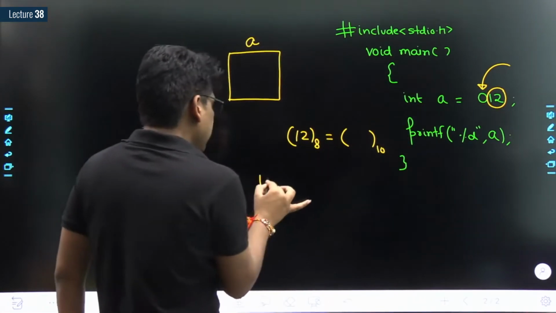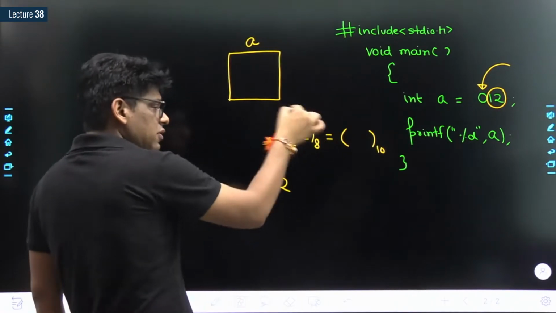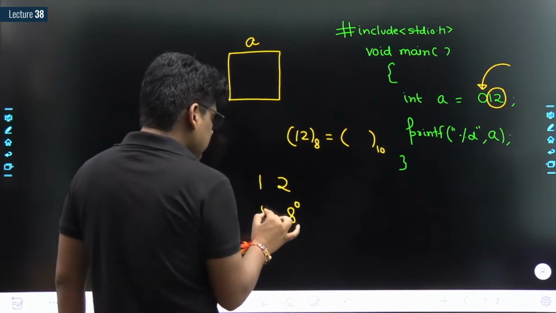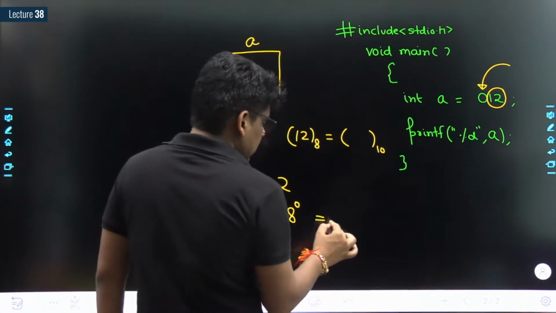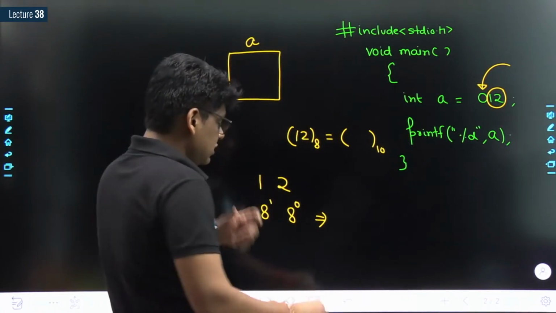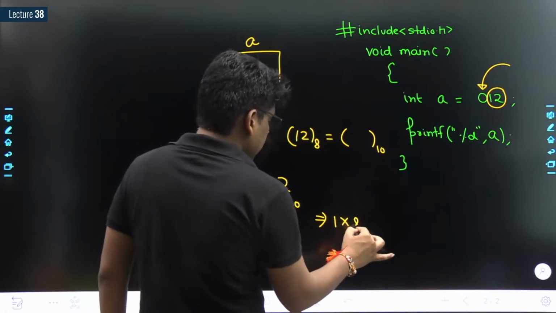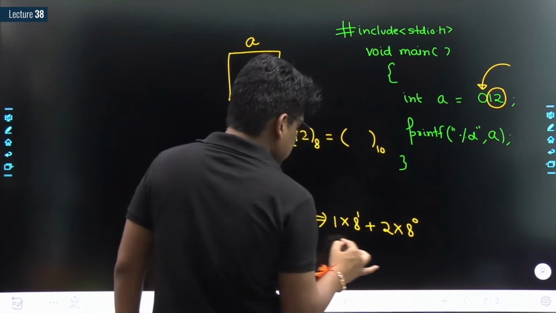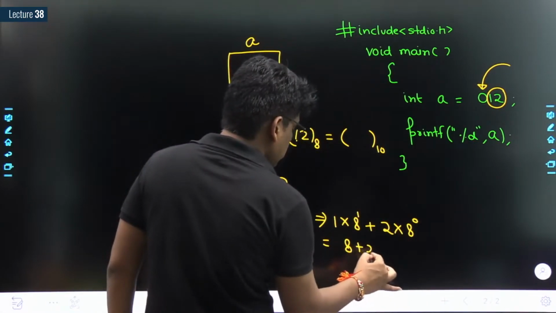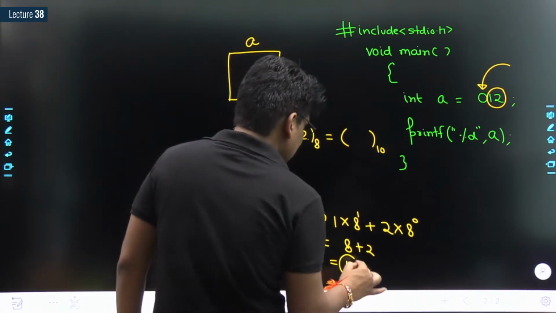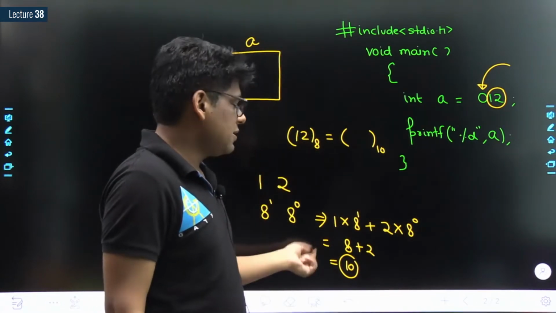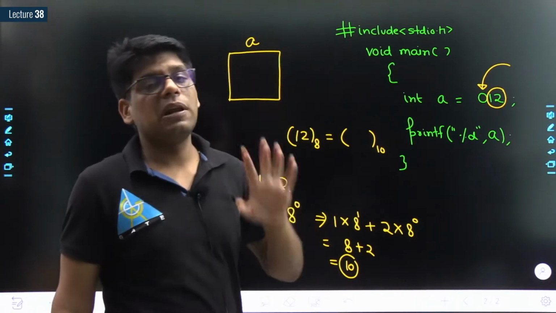Sir, let me calculate. 1, 2, and since we are working in octal number system, powers of 8 will be there. Sir, face value multiplied by place value, so that means 8 plus 2. So actually this 12 in octal is nothing but 10 in decimal number system.